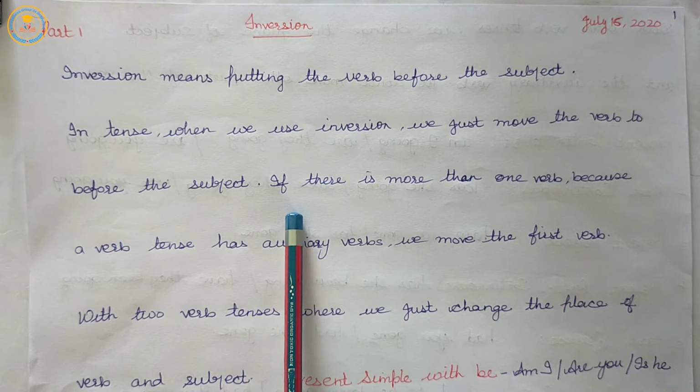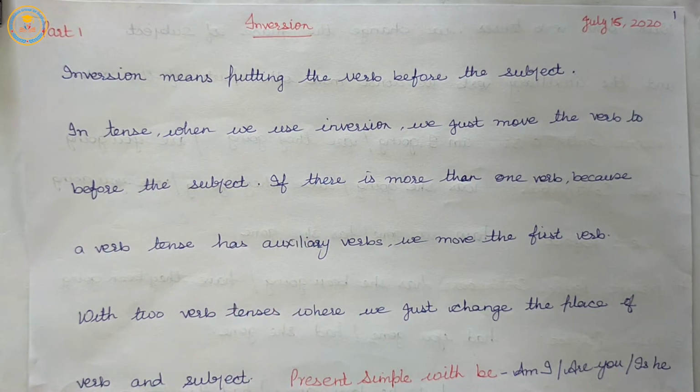If there is more than one verb, because a verb tense has auxiliary verbs, we move the first verb. With two-verb tenses, we just change the place of verb and subject.